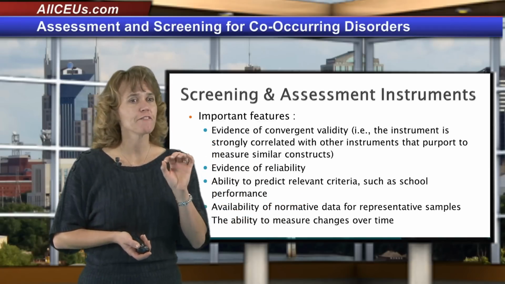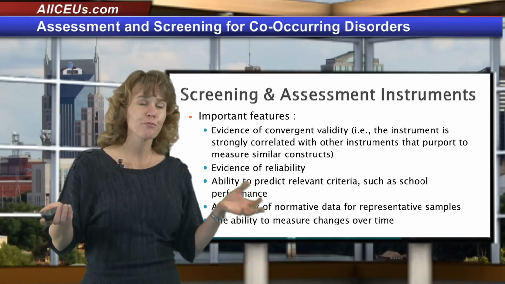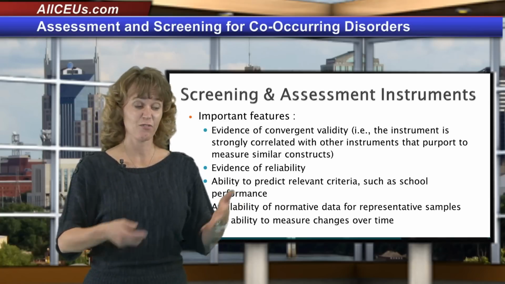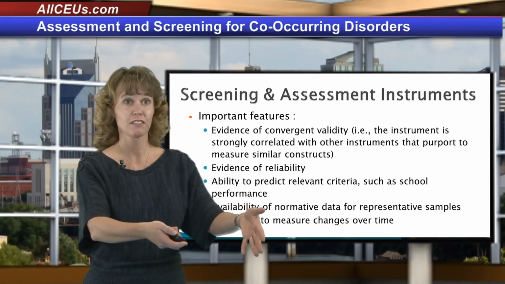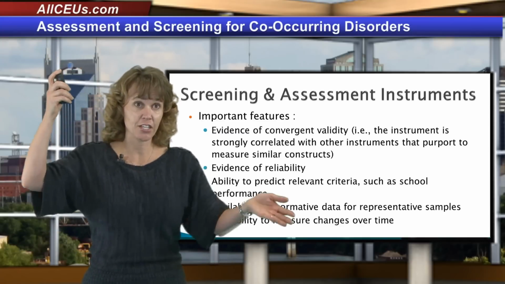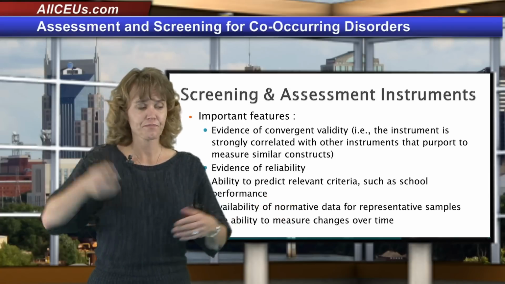Identify the availability of normative data for representative samples. Again, gobbledygook meaning make sure that the test you're using is intended for your patient population. If you're using a test designed for adults on 10-year-olds, you're probably not going to get very accurate results.